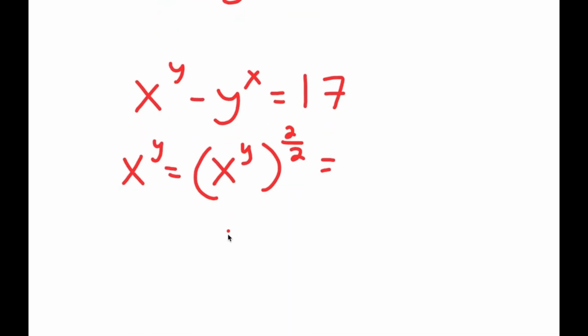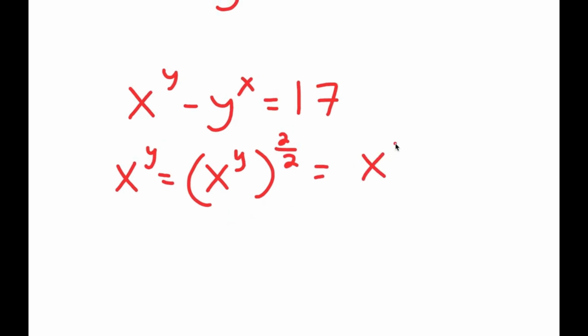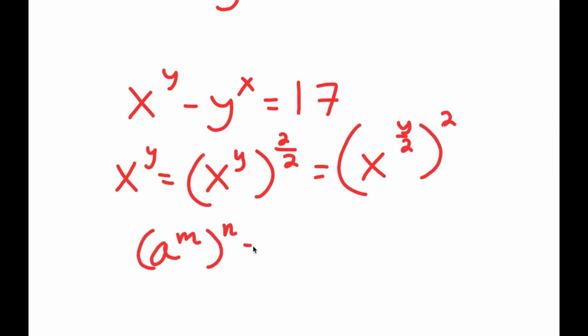Now this I can rewrite as x to the power of y over 2 to the power of 2, because if I have something in the form a to the power of m to the power of n, this is the same thing as a to the power of m times n, so I can switch these up.